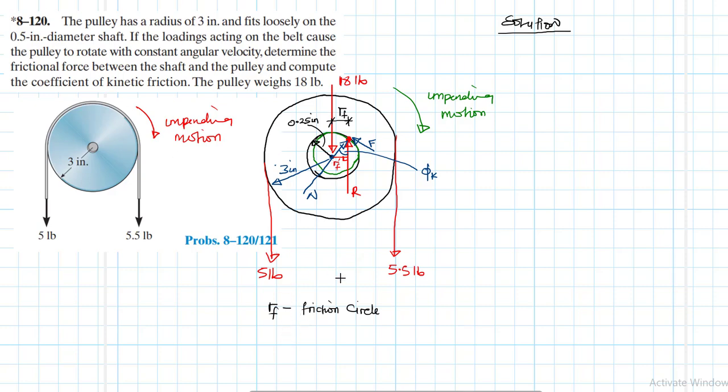And RF, if you are to do the trick there, your RF is going to be equal to the radius of the shaft, or just say R, radius of the shaft, times sine phi k, right? That's all. Radius of the shaft sine phi k, that is the friction circle.